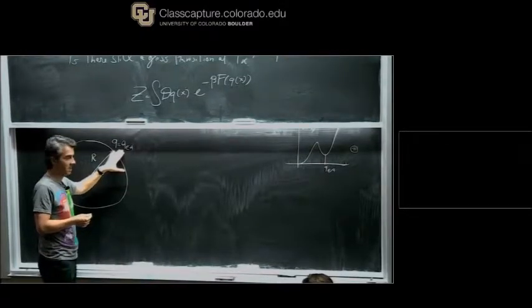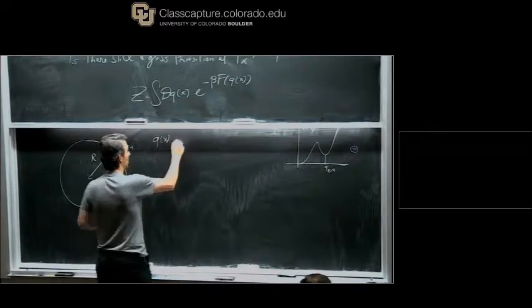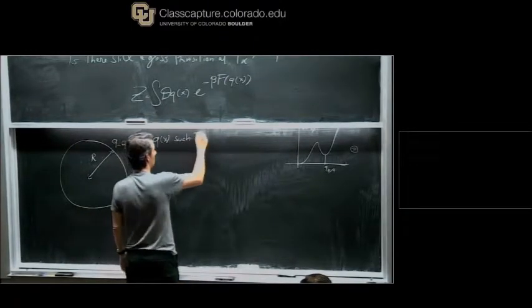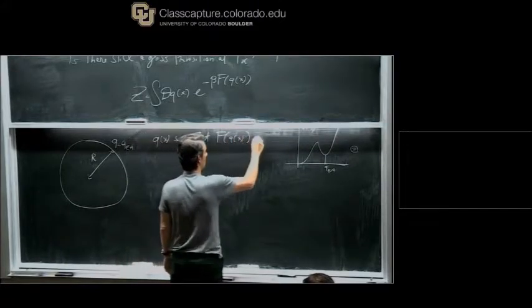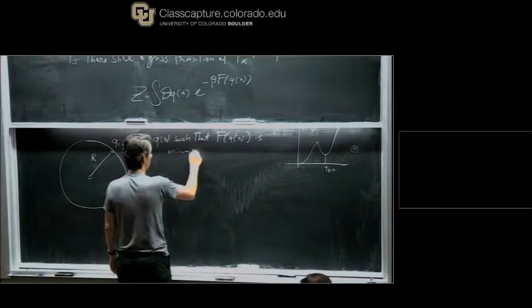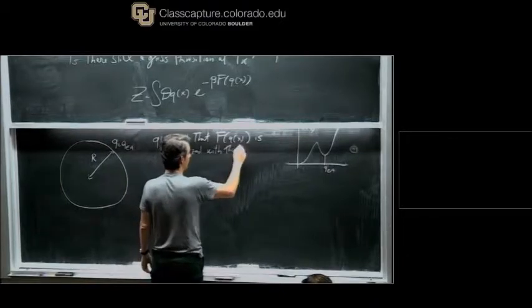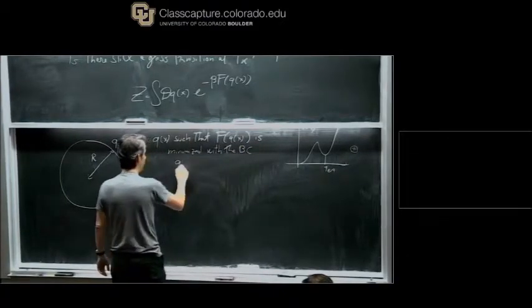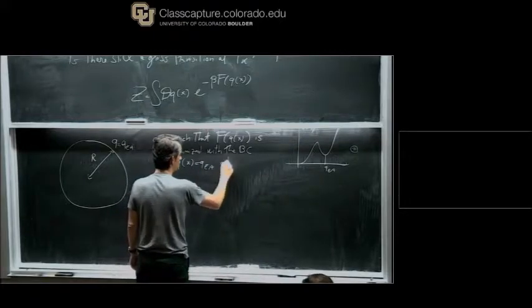So I want to find the q of x such that f of q of x is minimized with the boundary condition, in this geometry, that q of x is equal to QEA outside the cavity.